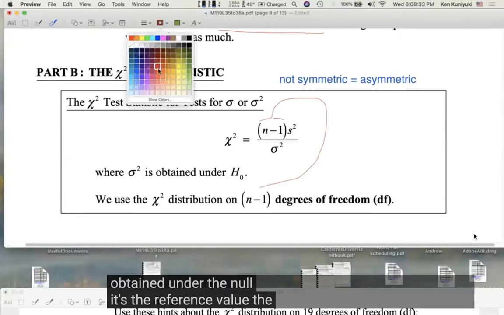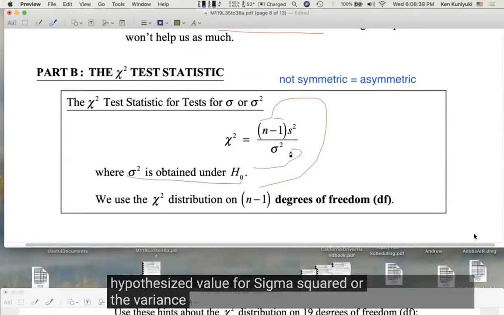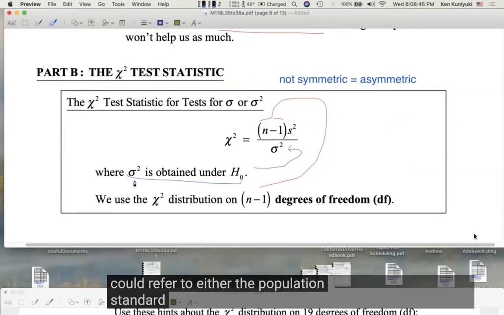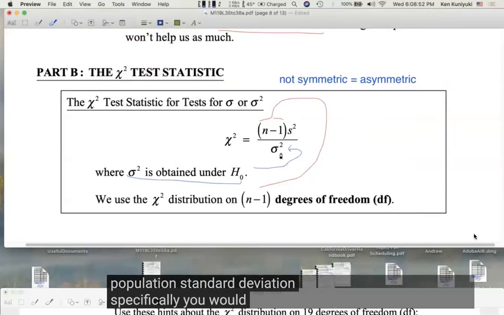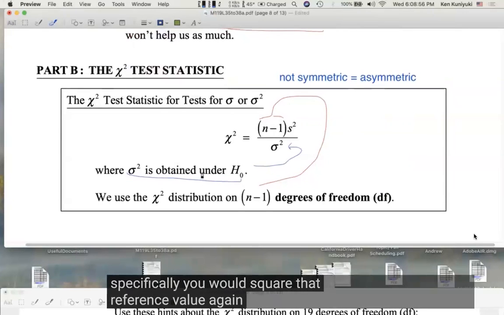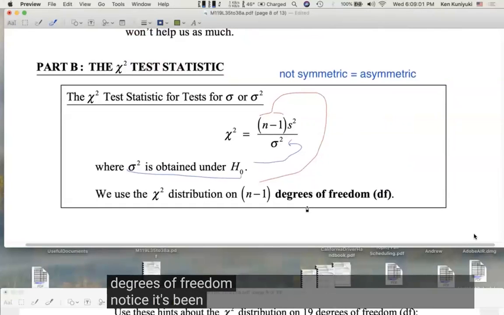It's the reference value, the hypothesized value for sigma squared, or the variance, under the null. The null could refer to either the population standard deviation or the population variance. If the null refers to the population standard deviation specifically, you would square that reference value. Again, we use the chi-square distribution on n-1 degrees of freedom. Notice it's been n-1 so far for both chi-squared and t.